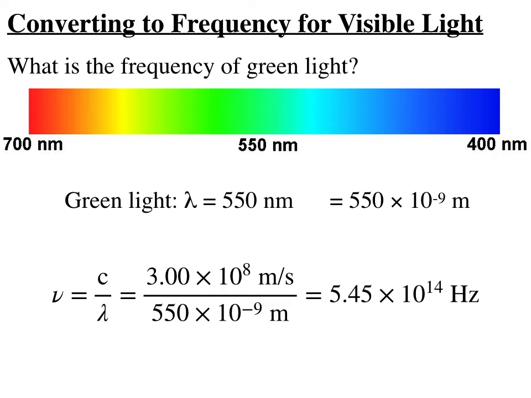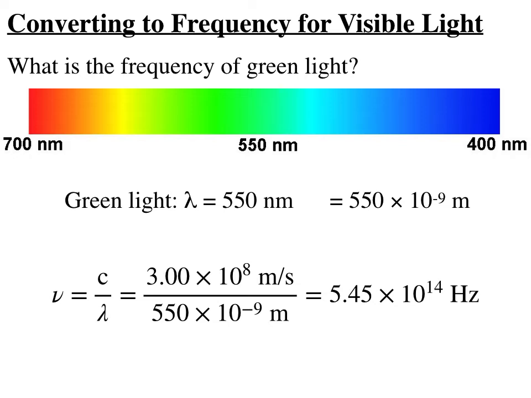So we're going to have to take our 550 nanometer visible green light and convert it into meters. The nano prefix means billionth, so I'm going to have to take a billionth of a meter. So 550 nanometers is 550 times 10 to the minus 9 meters.